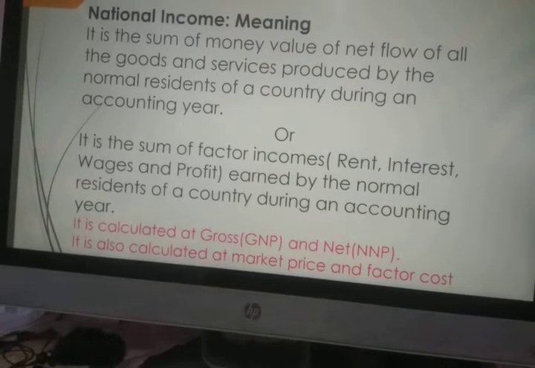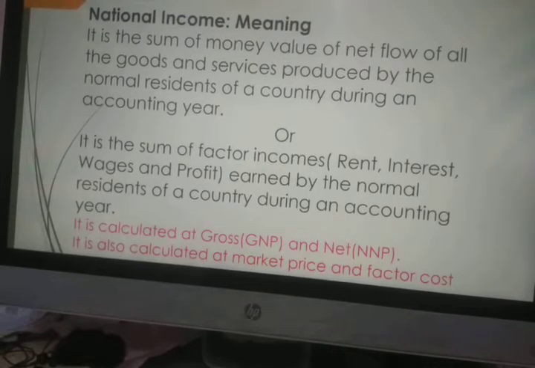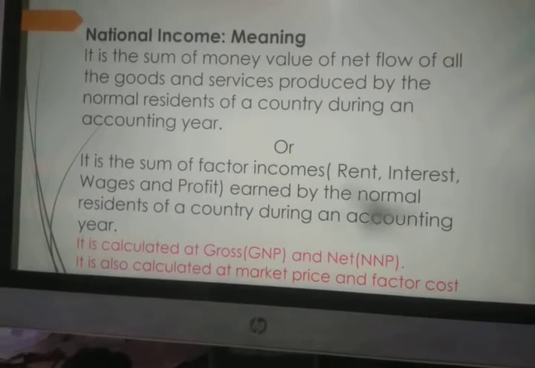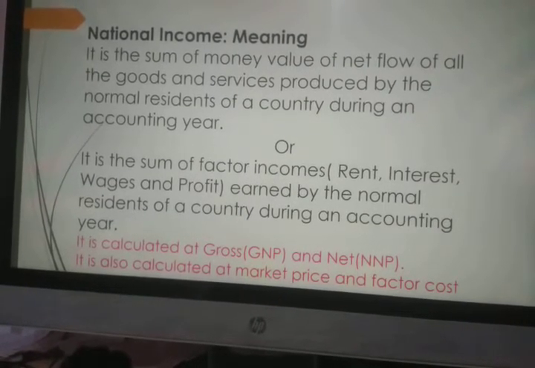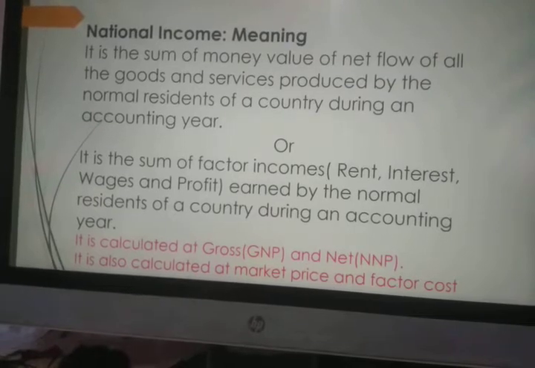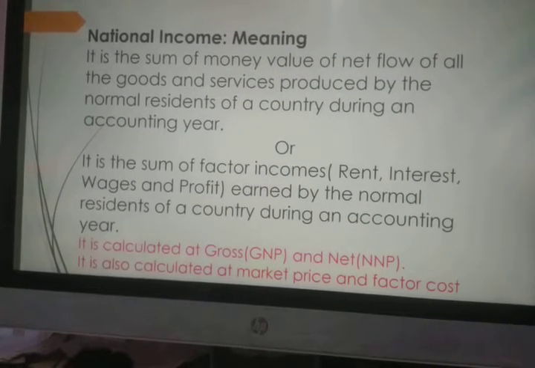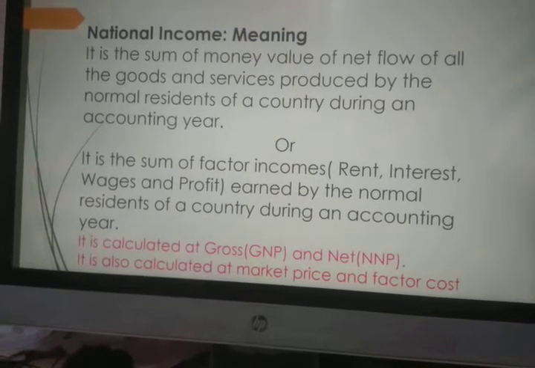But remember this: NNP at FC, that means net national product at factor cost, means national income. And others, that is GNP MP, GNP FC or NNP MP, are just related aggregates to national income, and NNP FC is actually the national income.